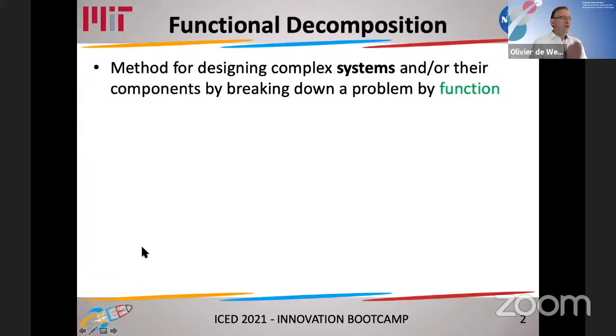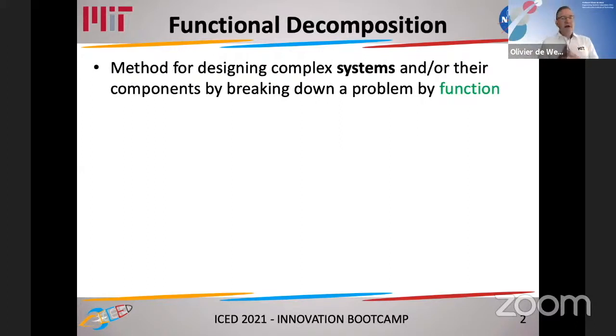So functional decomposition, what is it? As engineers, as designers, as humans, we often have a tendency to first focus on the form, the physical things that we can see and touch, because function is, in some sense, invisible. It's more intangible.